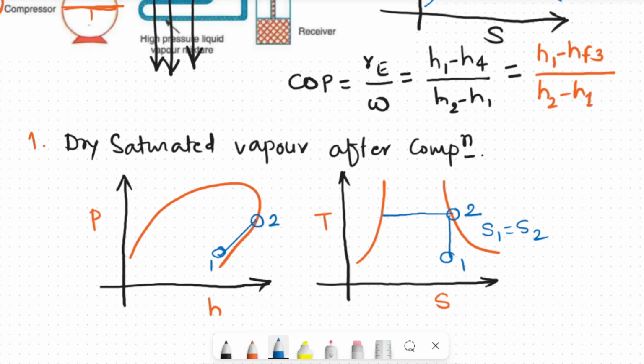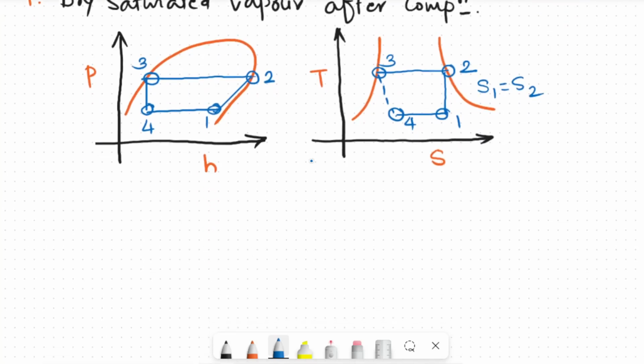After that there is the process of condensation, 2 to 3. The process of condensation is like this, 2 to 3. Then the process of expansion, which is isenthalpic, 3 to 4. And lastly, 4 to 1 is the process of evaporation. Okay, so the COP for this cycle, you can easily understand that COP is equal to H1 minus H4 upon H2 minus H1.